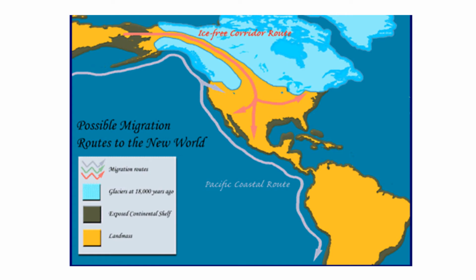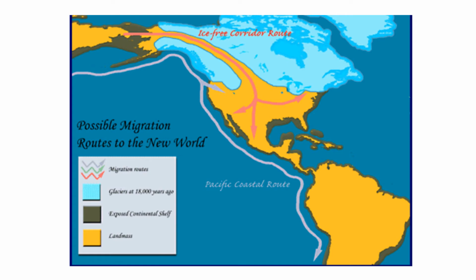So the people who moved into that part of Asia were able to just walk across into Alaska. They couldn't walk any further, though, because then they reached those glaciers. So for quite some time, human beings were sort of bottlenecked up there in western Alaska.